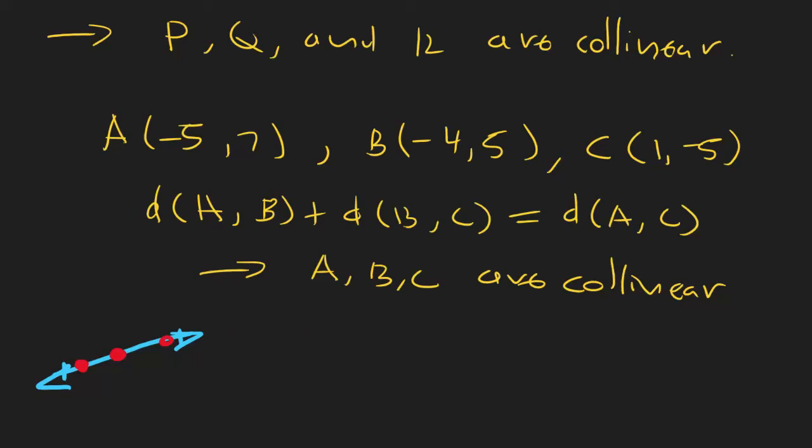Similarly, if you have a set of 3 points in the x and y plane, like if this was A, B, and C, and they're not collinear, then they are forming a right triangle, and vice versa.